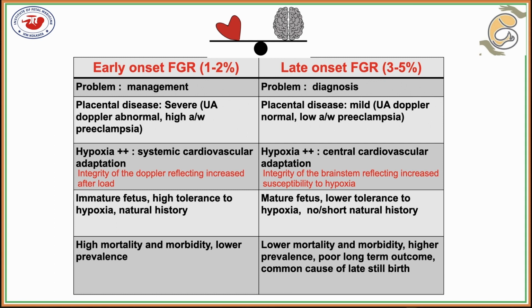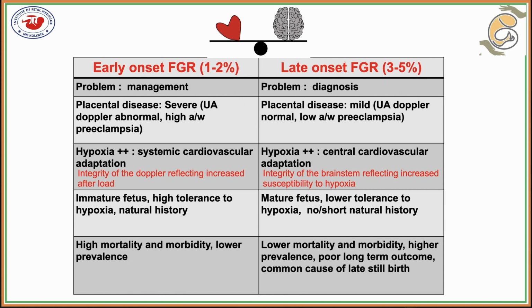And when umbilical artery starts showing a high resistance flow pattern, the heart has to exert more to push blood into the umbilical artery, because it is no more a low resistant vessel. It is a high resistance vessel.